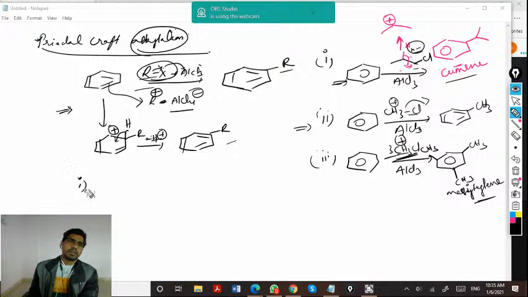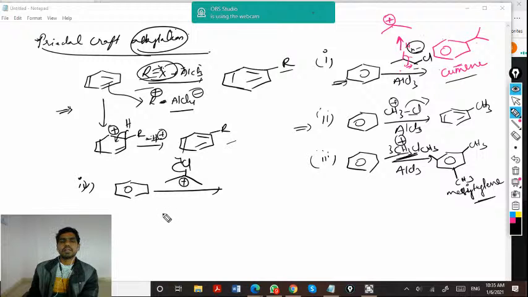Let's see another example. When I use isopropyl chloride, this is also going to break and a carbocation will generate, and the secondary carbocation will be more stable. So it is going to give the secondary attached product again.